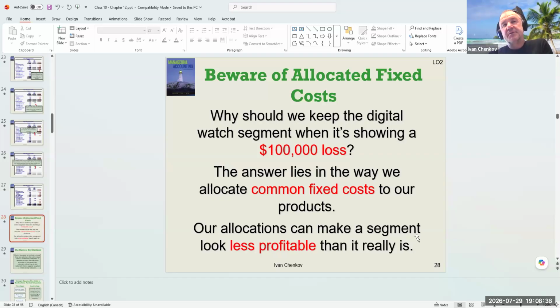By the time the manager figures out that he made the wrong decision, it might be too late. So be careful with that. One day when you become a manager, be careful with the reports that are given to you and pay attention to relevant and irrelevant, and traceable and common costs.